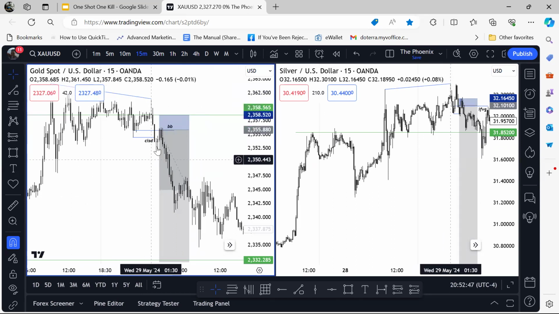We got the change in the state of delivery, and we even had this breaker block right here. Why did I choose this one? It is the beefiest candle of all of these little bearish candles here. We use the beefy candle as the breaker block. And notice how price respected the closing of this candle.